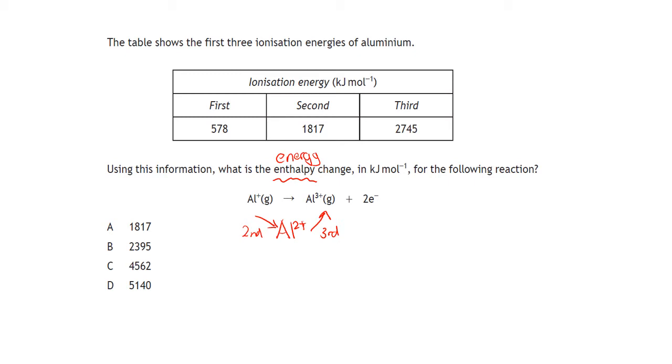Remember, whatever charge you end up with, that's the number of the ionization energy that's happening. So the third takes you to 3 plus, the second takes you to 2 plus. So we are doing the second and the third, which means we are doing this one, and we just add those two together, which if we add them together would give us 4, 5, 6, 2.